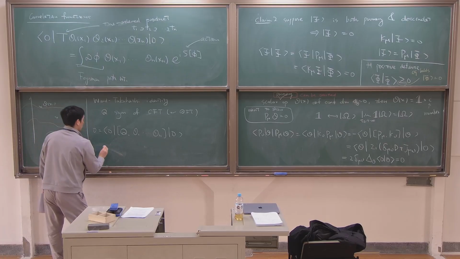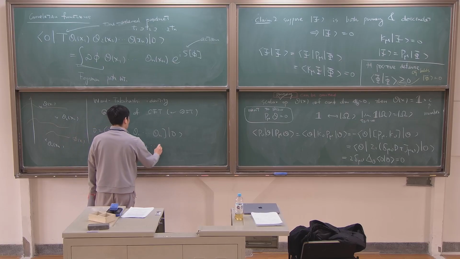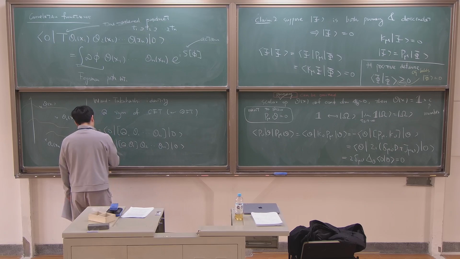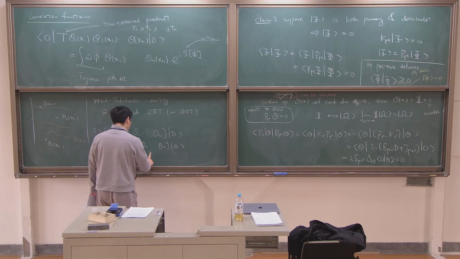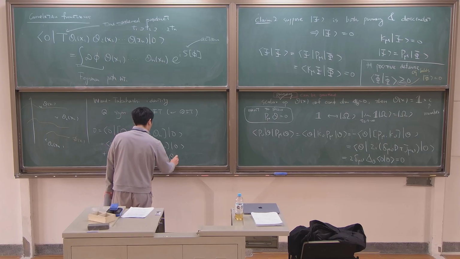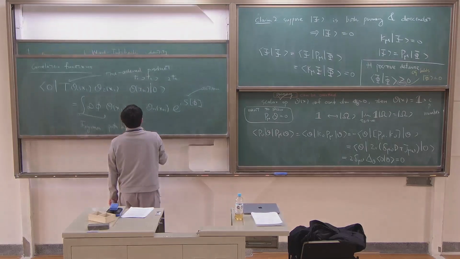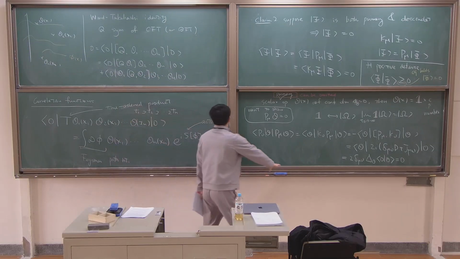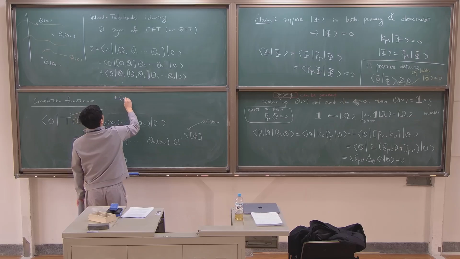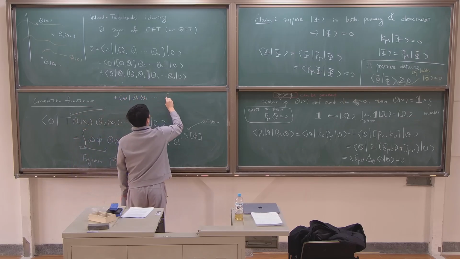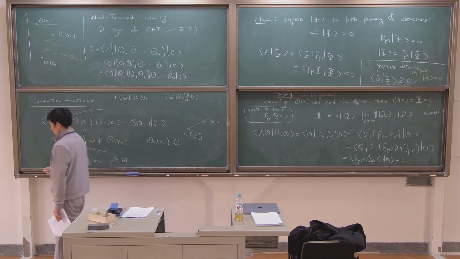But this can be understood as Q acting on O1, O2, ..., ON on the vacuum, plus O1, Q acting on O2, O3, ..., ON on the vacuum, and plus O1, O2, ..., Q acting on ON.